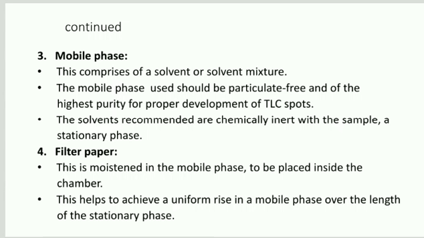The solvents recommended are chemically inert with the sample and the stationary phase. Fourth one, filter paper. This is moistened in the mobile phase and placed inside the chamber. This helps to achieve a uniform rise of the mobile phase over the length of the stationary phase.